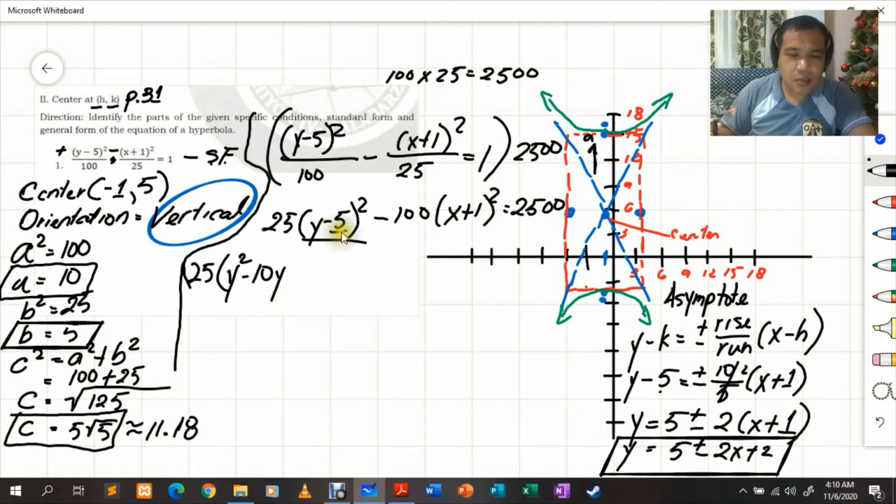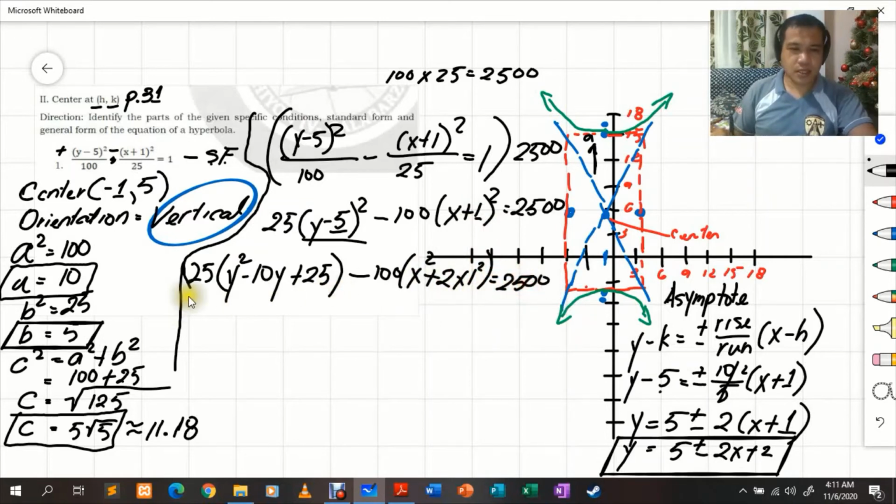Then, multiply by itself, plus 25, minus 100 (x squared, pag dinoble natin yung 1, that will be plus 2x, 1 times 1 or 1 squared) equals 2,500. Next, distribute natin si 25 dun sa loob at si 100 dun sa loob.